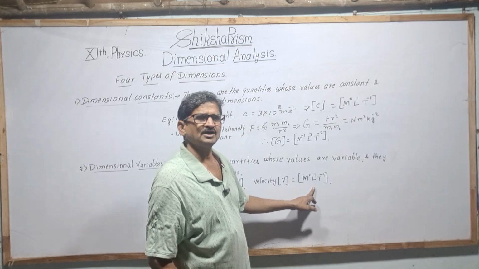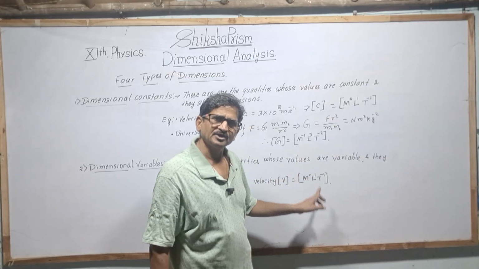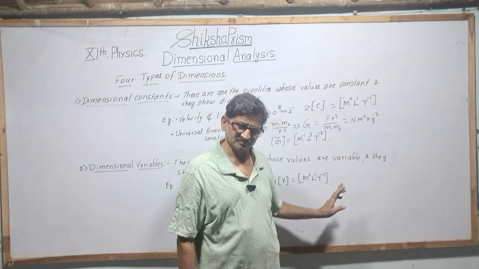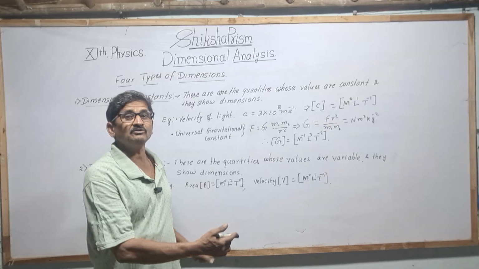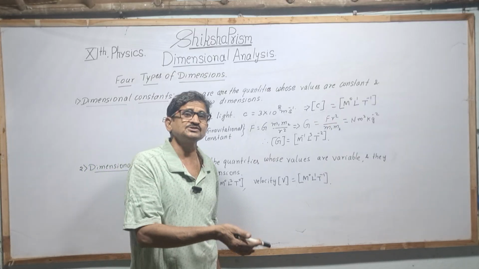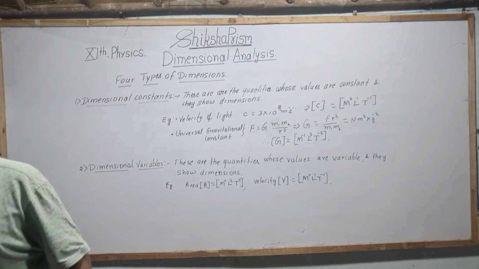So the dimension formula for velocity or speed equals m to the power 0, L to the power 1 and t to the power minus 1. This is a type of variable values, but they are possessing dimension. Okay, so next two more are there, we will discuss. I'll write here.